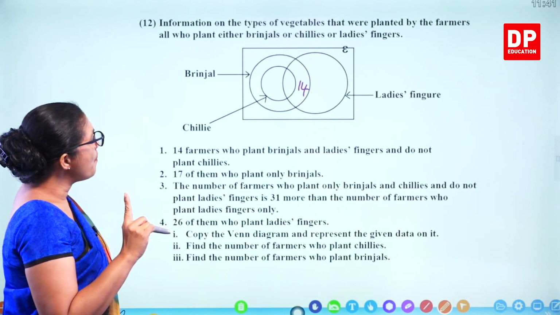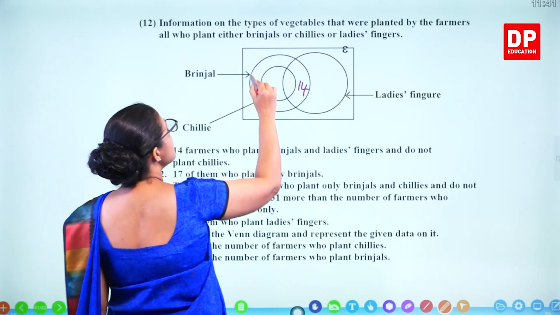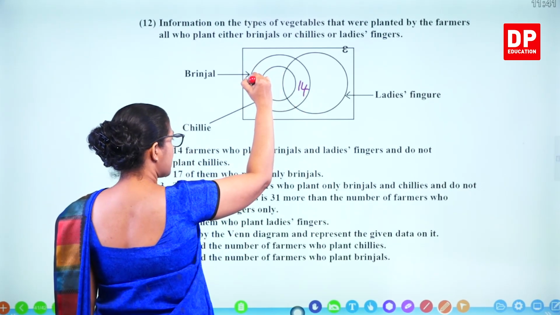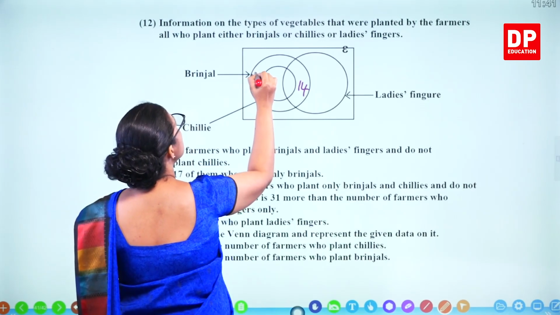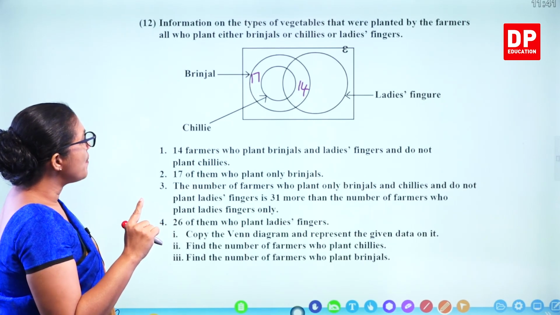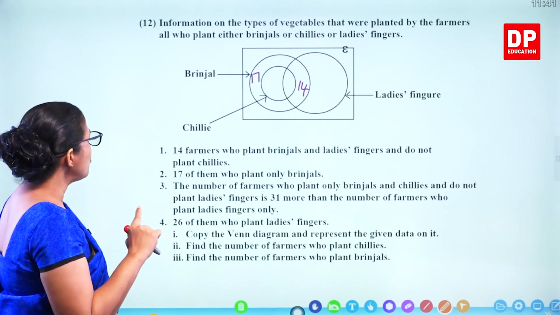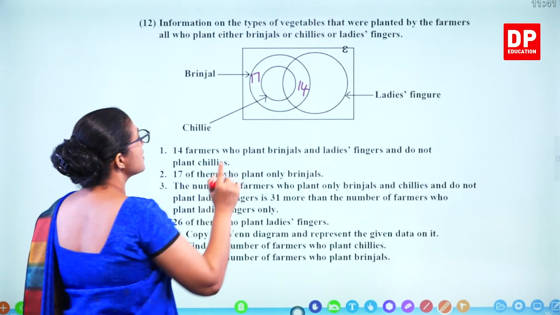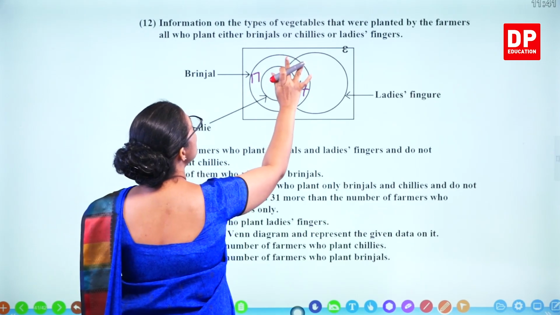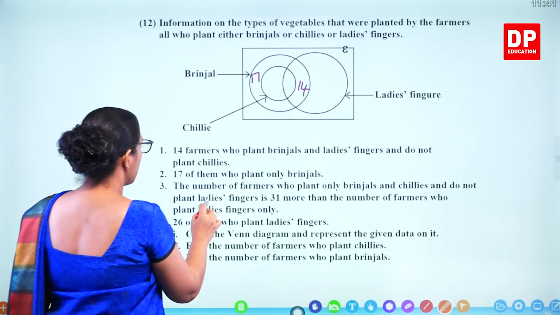17 of them who plant only brinjals. Only brinjals. So this is this one. Only means only this part. That's 17. The number of farmers who plant only brinjals and chilies and do not plant ladies' fingers.